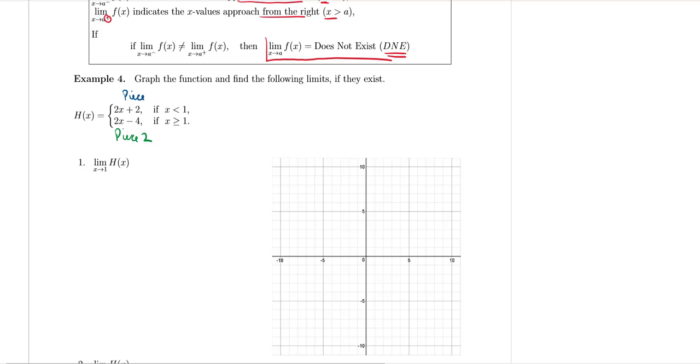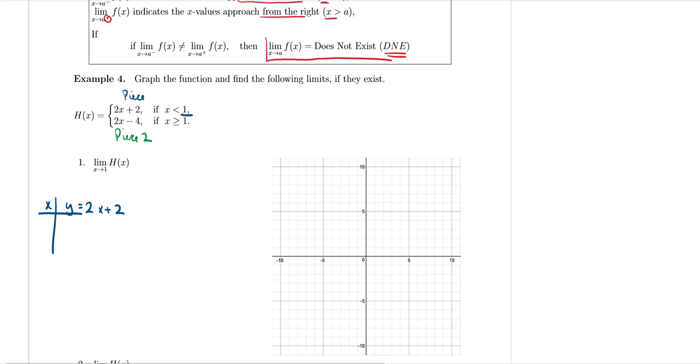Okay, so making a quick table of values for piece 1. 2x plus 2, and that was if x is less than 1. Okay, so we're looking for values that are less than 1.